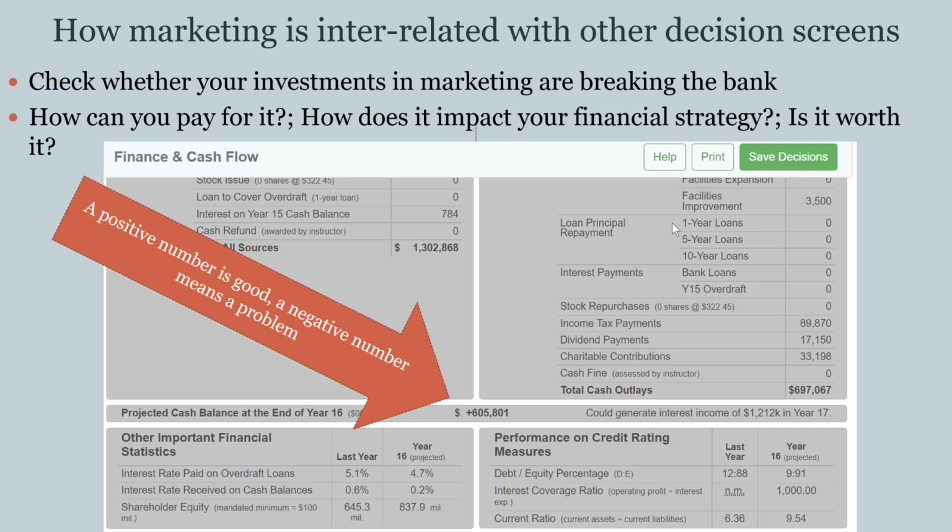So what you would want to do is either pare back some of your expenses so you don't have that negative number, or go ahead and take out a loan or issue stock or something like that, rather than having the program take out terrible loans for you.